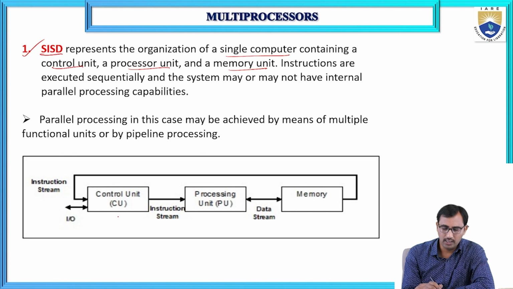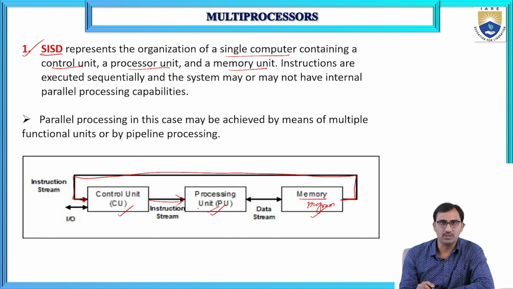Here you can see it has a single control unit, single processing unit, and single memory. In the memory, we store a program, which is a set of instructions. The instructions are fetched from the memory, given to the control unit to generate various control signals, and then given to the processing unit for further processing.